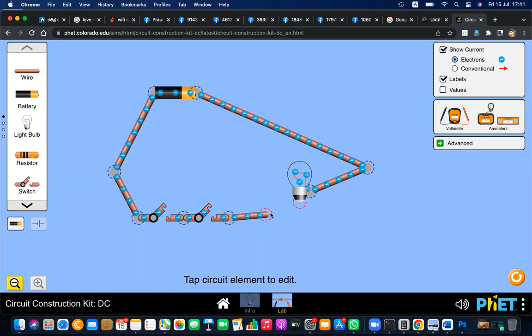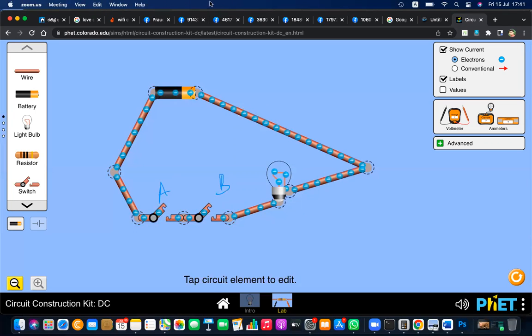Okay, let's think there are two switches like this. If you want to turn on the bulb, what you need to do? Let's name these switches as A and B. Switches A and B. If you want to turn on the bulb, what do you need to do? Yes, Dimat?